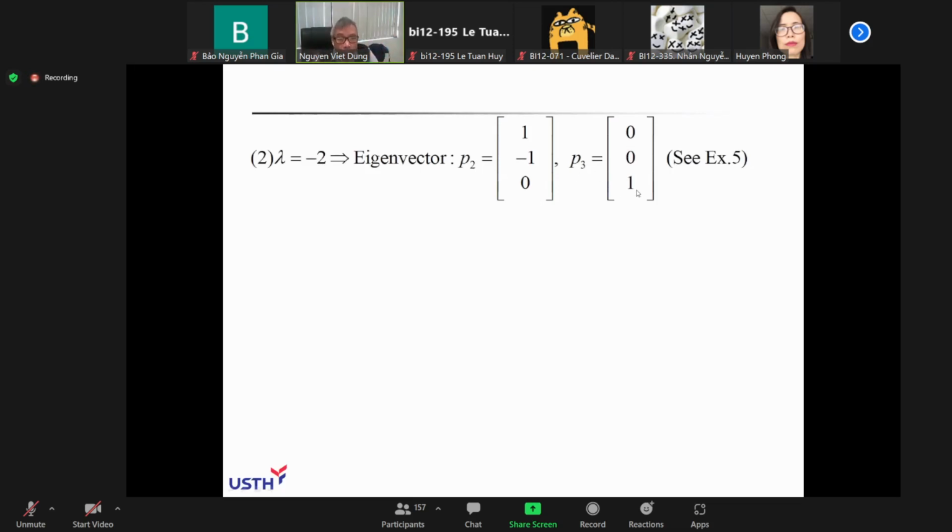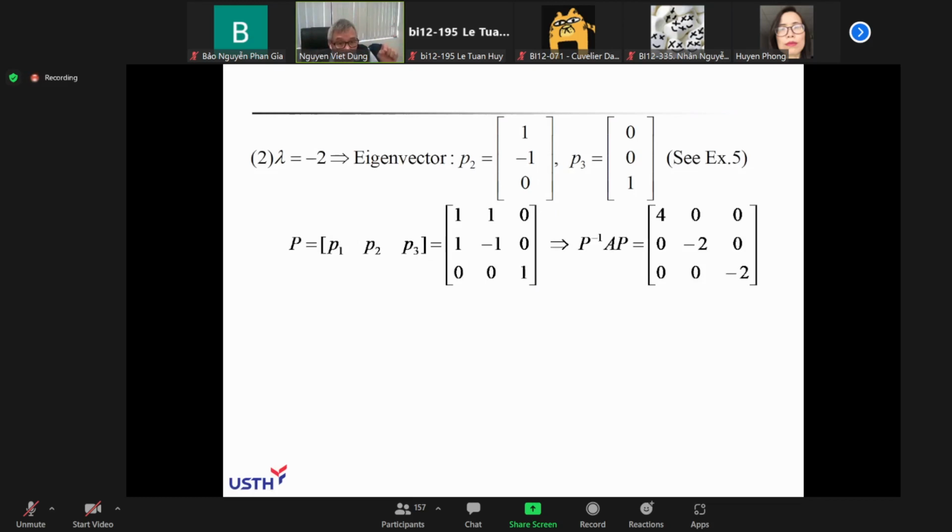That we did already in the previous example number 5. Then we put them together, side by side, the 3 eigenvectors P1, P2, and P3. We write them as columns and put the columns side by side. We get a matrix P.